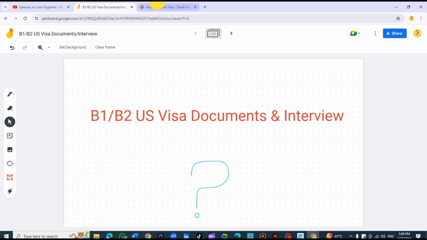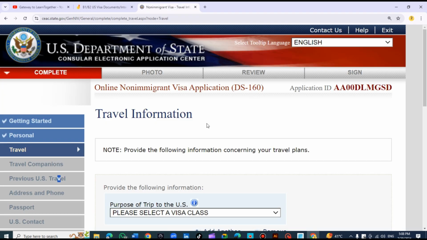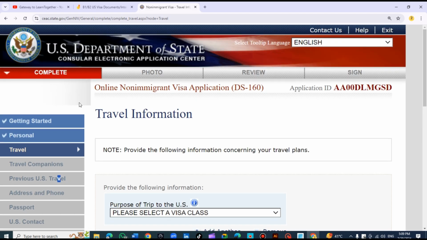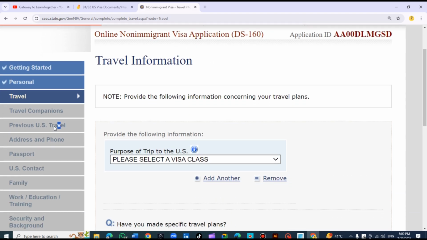But before that, you must keep in mind that the DS160 form is the initial step to fill before even thinking about the documents or interview questions. It is a very necessary step, because it lets you know about other questions, interview preparation and document preparation. As we have already mentioned in our videos, in the DS160 form you are not asked to attach any documents.